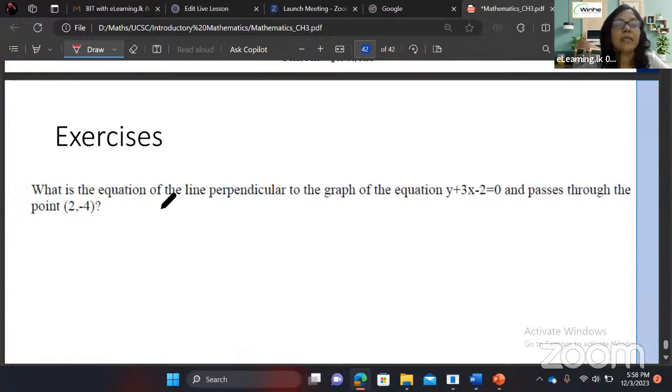Right. Here it's given an exercise. What is the equation of the line perpendicular to the graph of the equation y plus 3x minus 2 equals 0 and passes through (2, minus 4)? How do we find that?